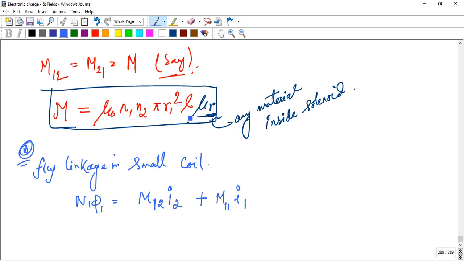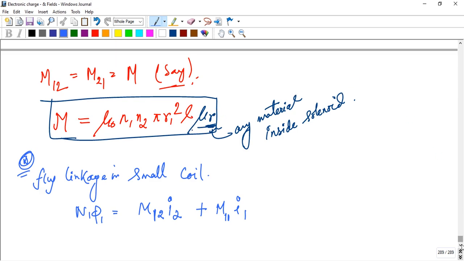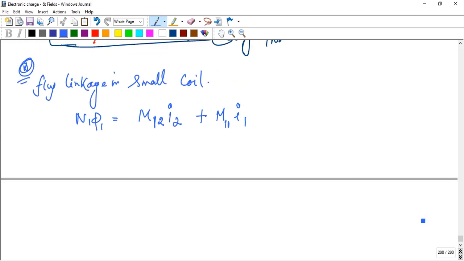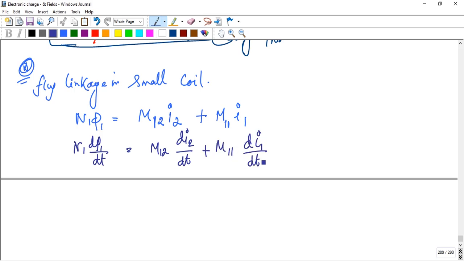Now differentiate both sides with respect to t. We get N1 d phi 1 by dt equals M12 dI2 by dt plus M11 dI1 by dt.